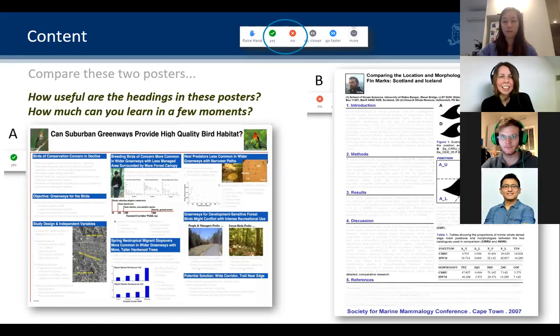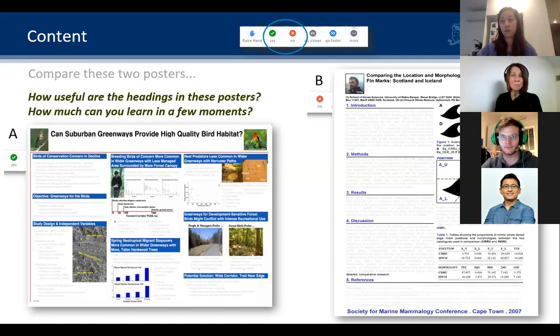I actually didn't say B. I agree with A. It says B has references, and we don't need to show them in a poster. That's why it's not suitable for these purposes. Oh, you're actually thinking that A is better in this case. Okay, I beg your pardon. I thought you were voting for B.